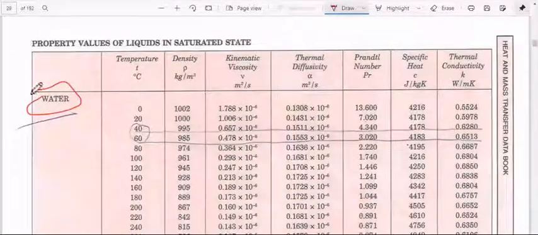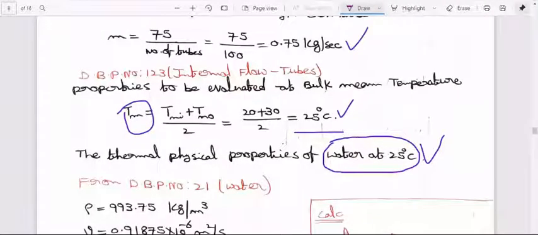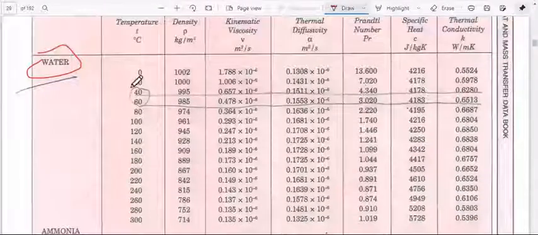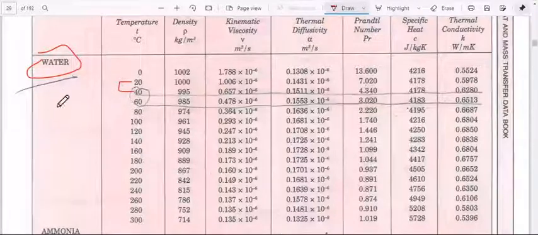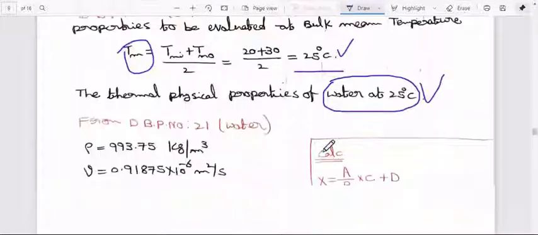Here these are the property values of liquid water in saturated state. Now I am considering 25 degrees. What is the 25 degrees value? Here 20 and 40 values are given, so we need to interpolate between 20 and 40. What is the x value? The x value is 25 degrees.